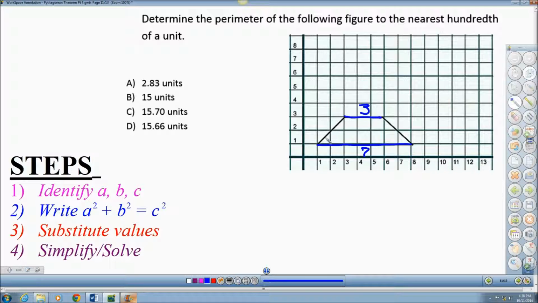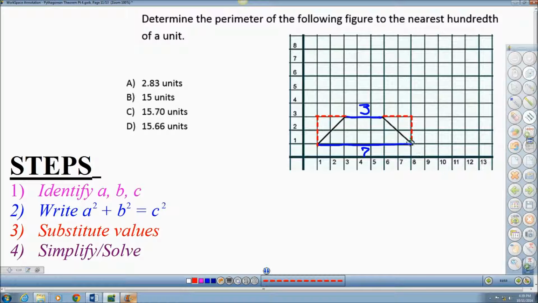But these are diagonals, and I can't really get an exact measurement on them. And it tells me I'm going to have to approximate to the nearest hundredth anyway. So with that said, I know that I need to create the right triangles. I can create 2 right triangles, one on this side, one on the other side, to find those diagonals.